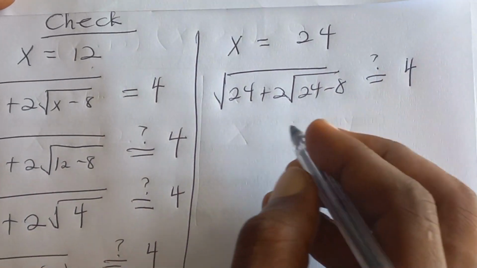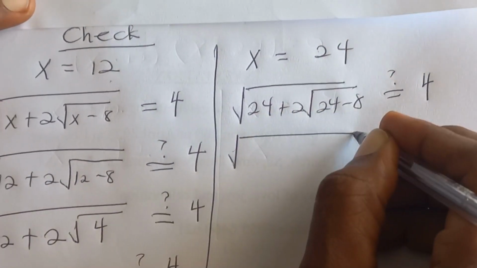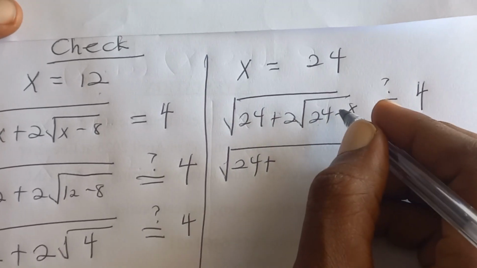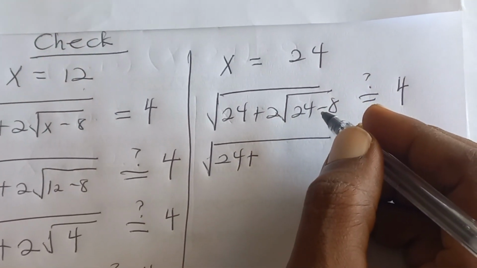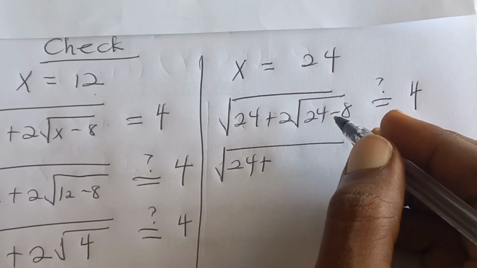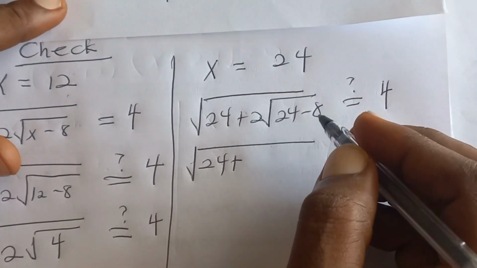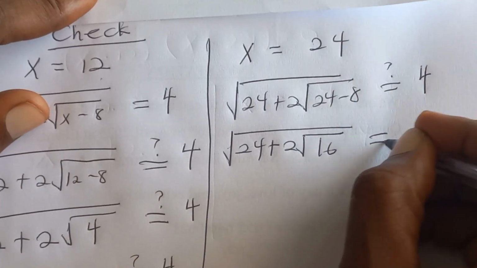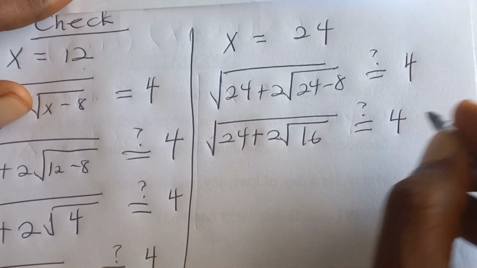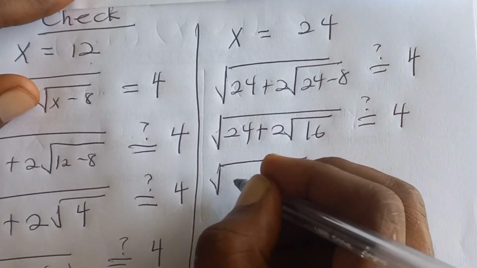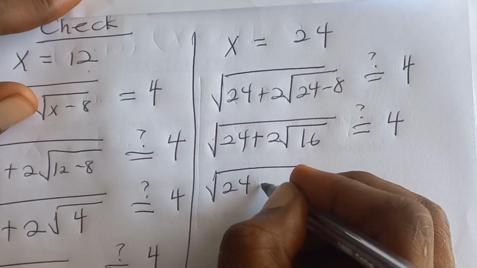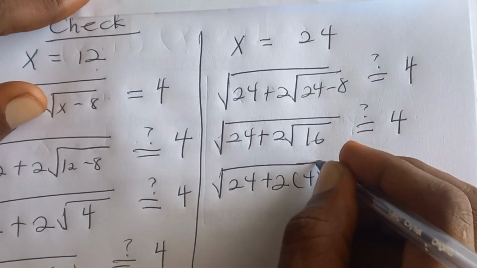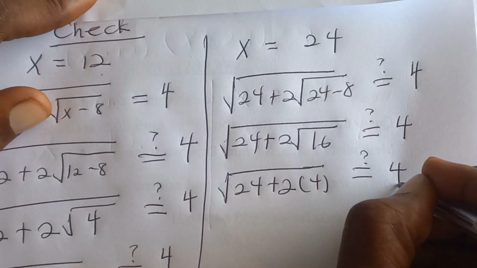Now, 24 minus 8, we are getting 16. So root of 24 plus 2 root 16, and this should be equal to 4. Root of 16 is 4, so 2 multiplied by 4, and it should give us 4.